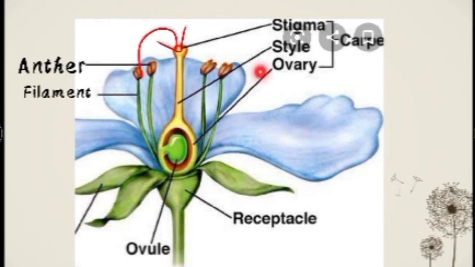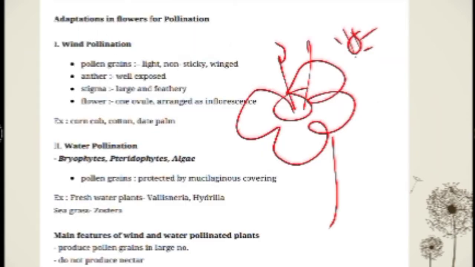Exposed means it is outside, not covered. If the anther is covered, then wind will not be able to carry the pollen. Covered means the petals close and cover the anther. If it is covering, you will not see wind pollination occurring. If it is open like this, then only wind can come and blow away, is it not?